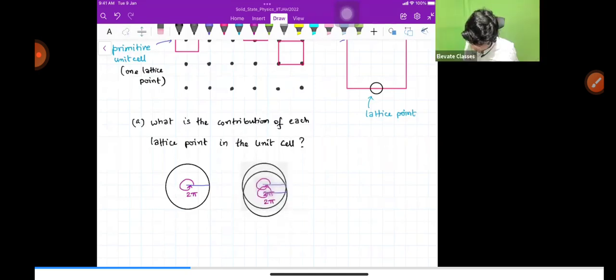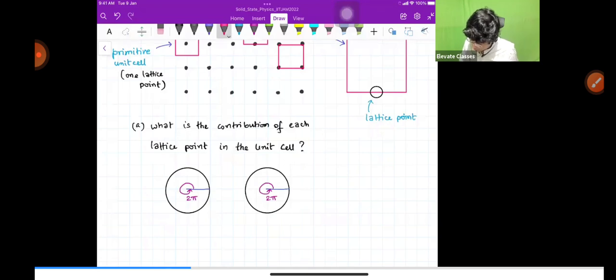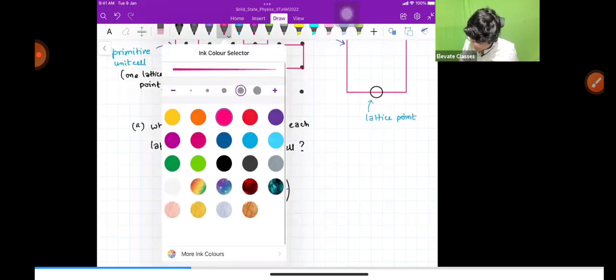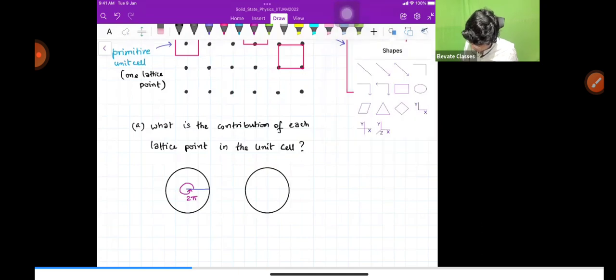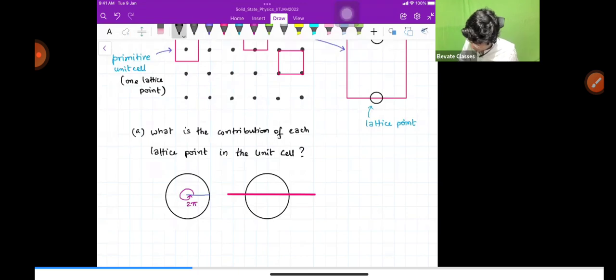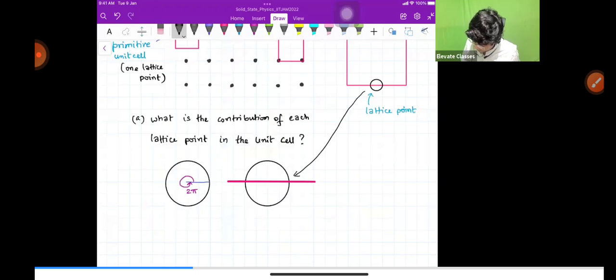All right, I'll draw it again here. In this case, this is the lattice line passing through. It's the same thing here, I'm drawing, this is again zoomed in. So what is the angle inside, the angle subtended by the part inside the unit cell? This part is inside PUC.